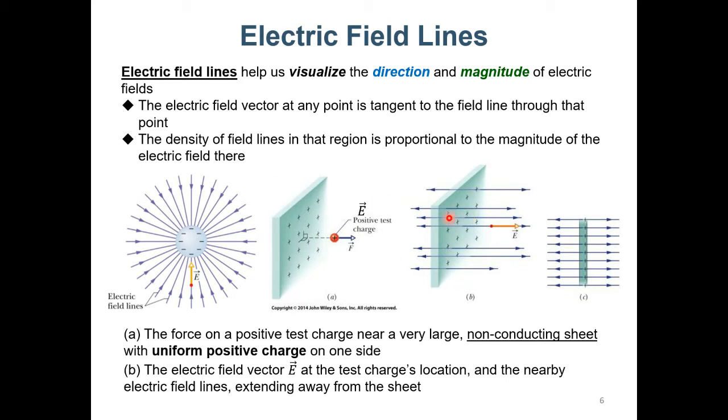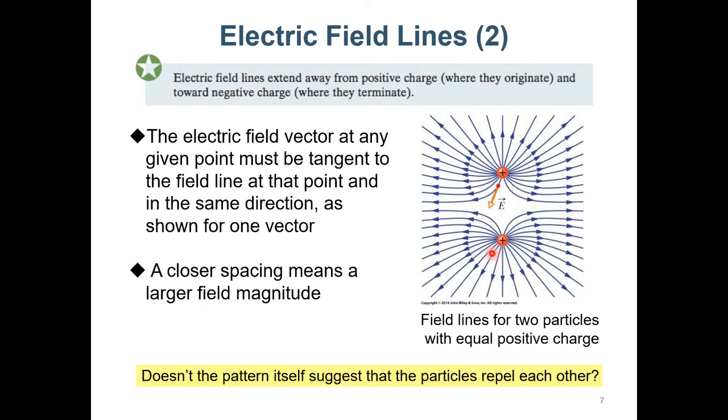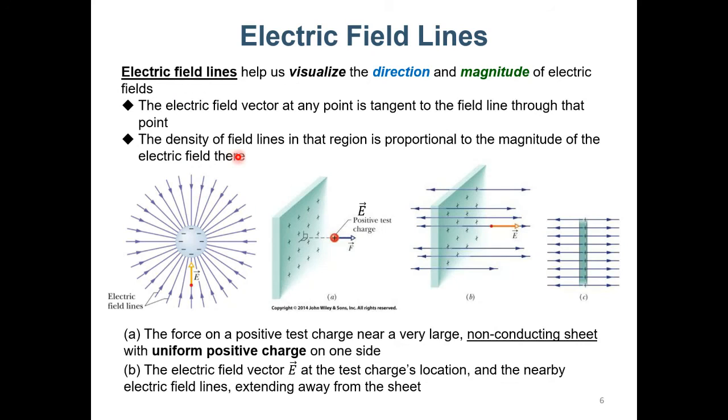So the E field generated by this plate is perpendicular to this plane. So the E field is pointing to the right on this side, pointing to the left on this side. There may be some more complicated situations like this, but I will mention them later.